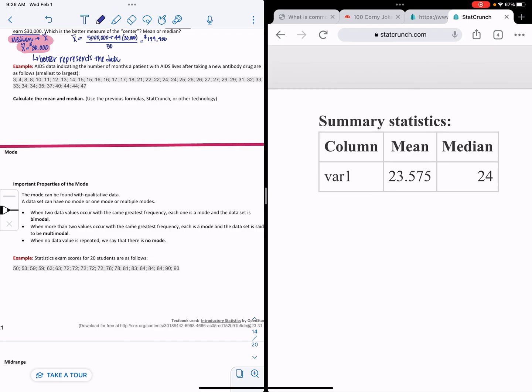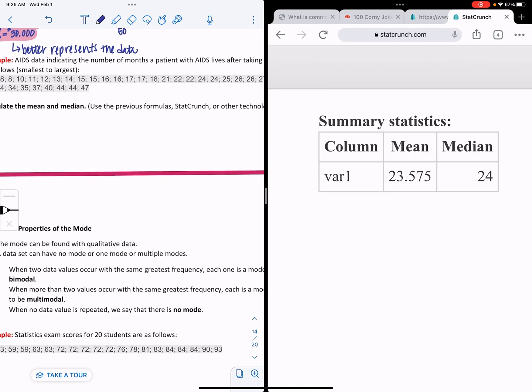So thanks to StatCrunch, I know that my mean, my X bar, is 23.57.